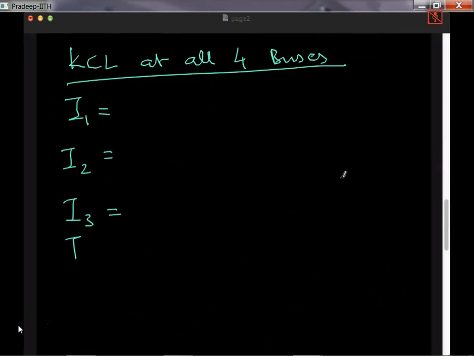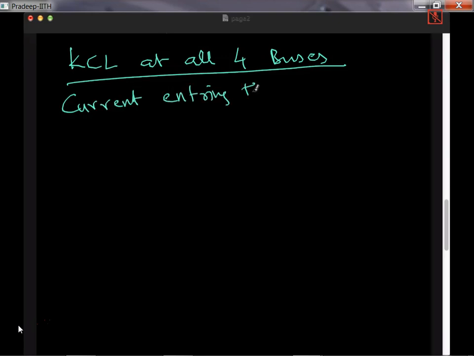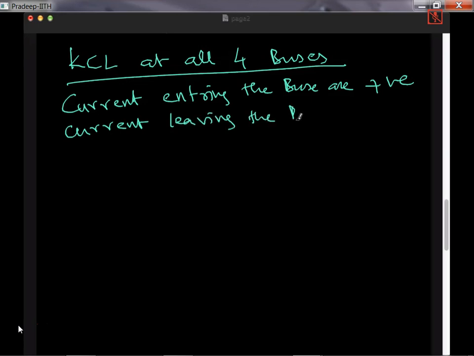Currents entering the bus are positive, currents leaving the bus are negative.